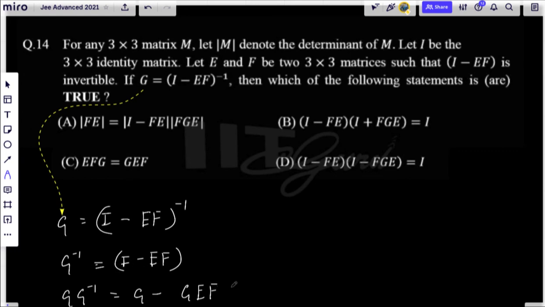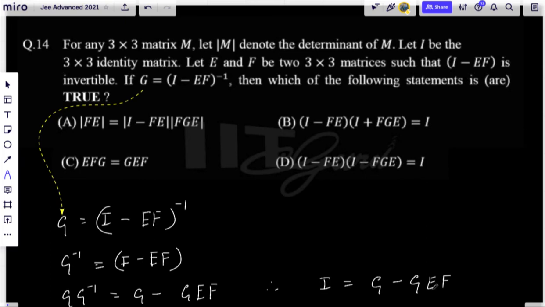In this step, you will get G of G inverse. So this is G minus GEF, and G of G inverse is equal to I. So this implies that for I we can say G minus GEF.